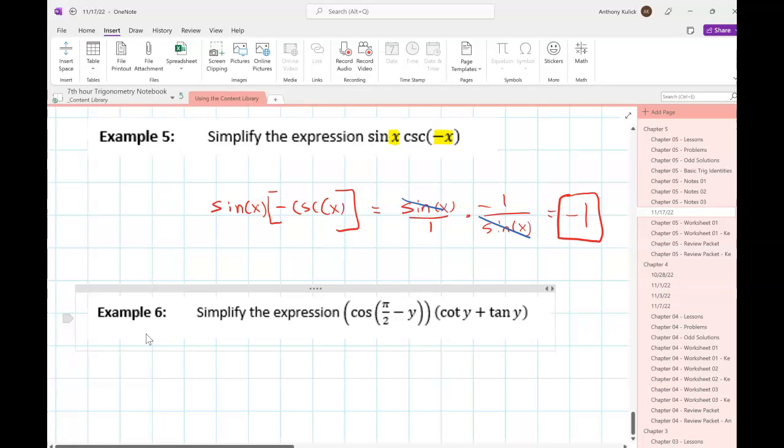All right. Let's take a look at this one. Cosine of pi over 2 minus y times the quantity cotangent y plus tangent y. Any algebraic thing here to do?